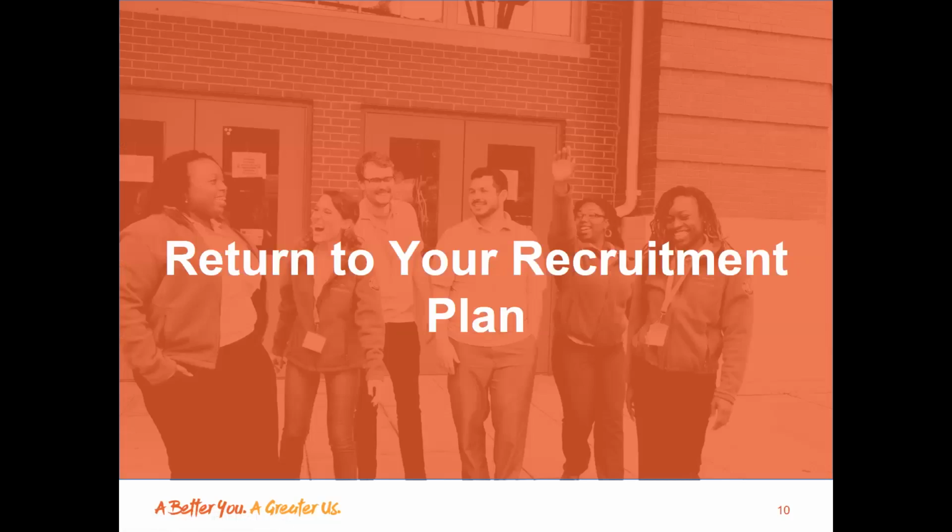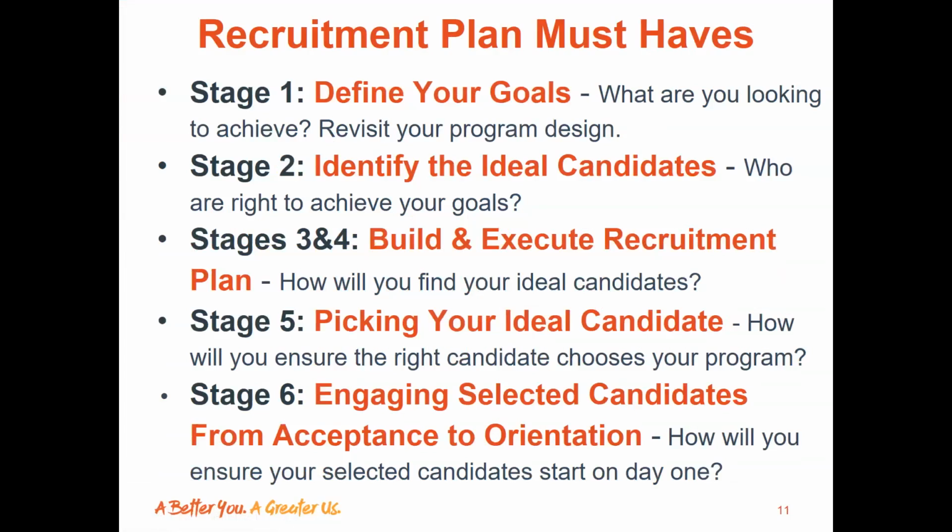So moving along, we just wanted to start by framing what we're going to cover today in the overall context of recruitment planning. We look back at how we had framed this in the initial webinar. We came up with those 6 stages that thematically are a way you can think through the overall progression of creating and putting into action a recruitment plan.